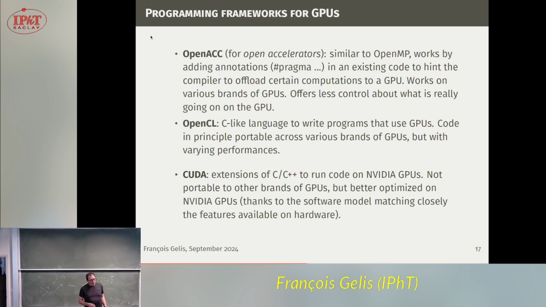So it's not portable to other brands of GPU, but it's better optimized for NVIDIA GPUs because what's available in the software matches rather closely the features that exist on the hardware. So because of this close relationship between the software and the hardware, it runs quite fast on NVIDIA GPUs.